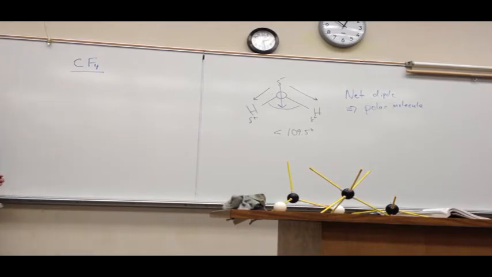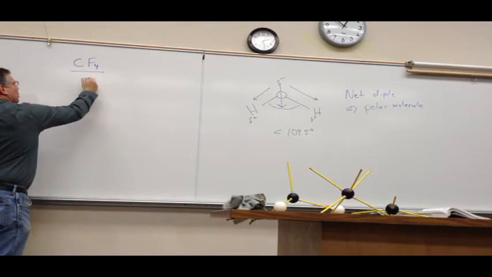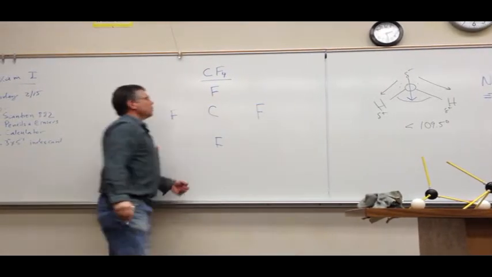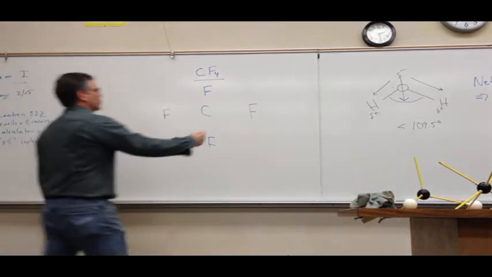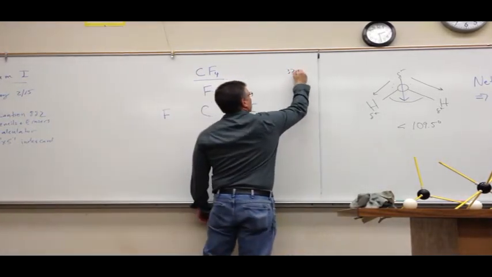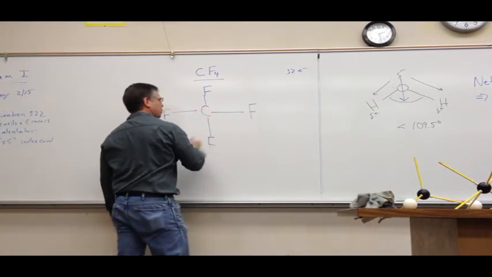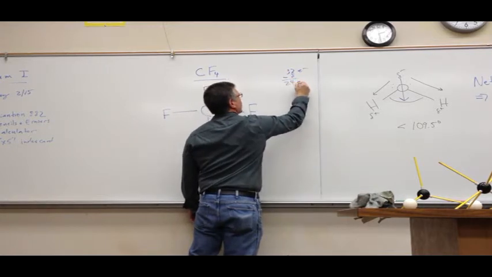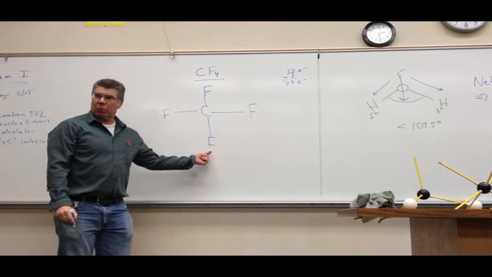So the Lewis structure for this, carbon is in the center, 4 fluorine atoms. How many valence electrons total do we have? 32. We use 8 of those to form the bonds for the peripheral atoms. 24 left. Each fluorine needs 6 more electrons.